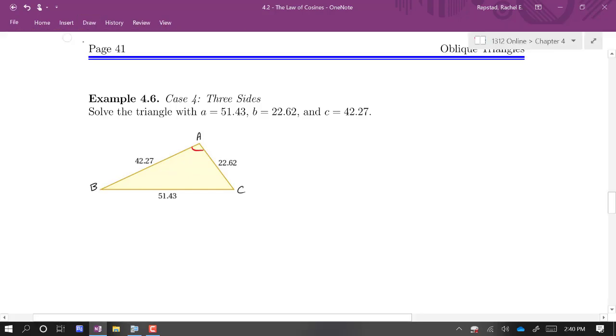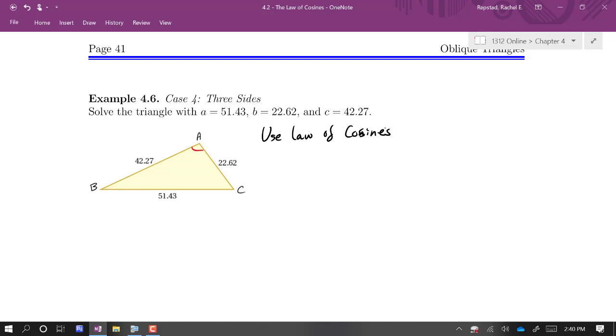So I'm going to start by using the law of cosines to find angle A. The great thing about the law of cosines, and why it's so useful in this situation, is that we've mentioned several times now that the arcsine function will never give you an obtuse angle. It'll only give you an acute angle.